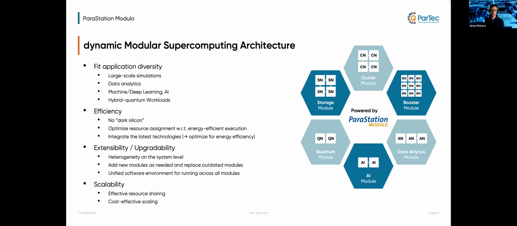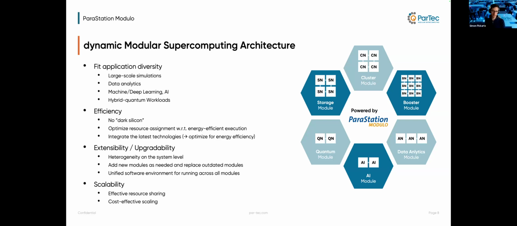And this is then the dynamic modular system architecture, or supercomputing architecture, as we know it now, adding different kinds of modules like a storage module, a data analytics module, but even also other hardware types like a quantum module, for example, where we also work on solutions to integrate quantum computing devices into the dMSA in order to support their efficient utilization also in the HPC landscape.